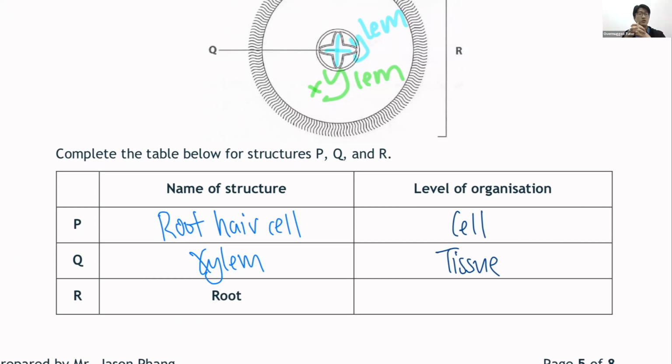So if we elevate that, then the next level after tissue is organ. Sarah, explain to us in terms of the level of organization, what is an organ?